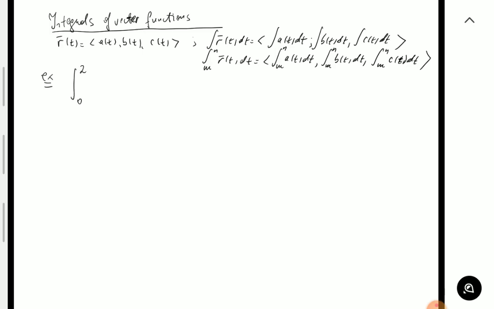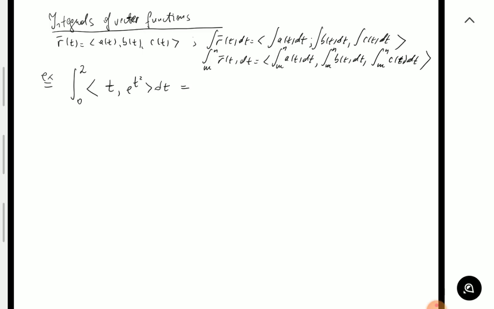So let's say I want to compute the integral from 0 to 2 of the vector function t, t e to the t squared. I should mention here, I don't do this often, I kind of prefer this component notation.